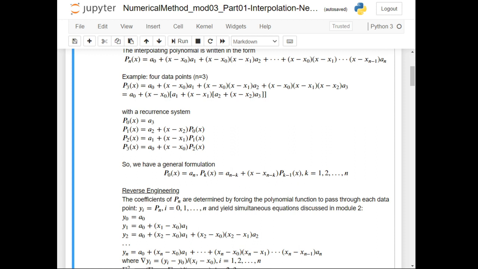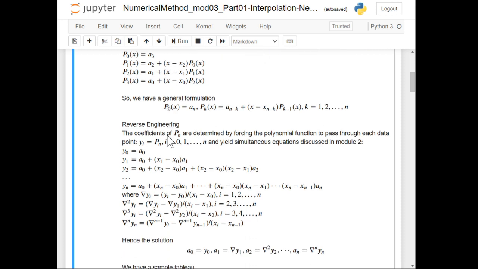So we have the constant value here. Then we have the x here. Then the previous function, for example p3, this will be p2. Okay, and k from 1 to n. So basically these are just formulations for this recurrence system.